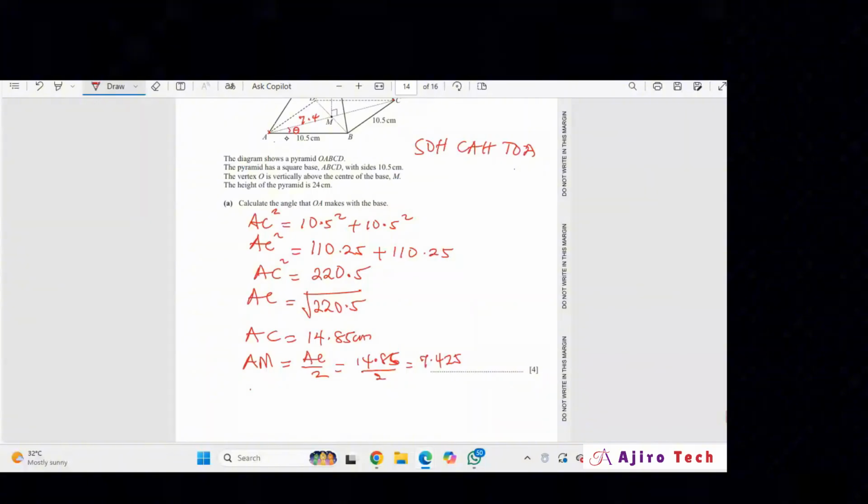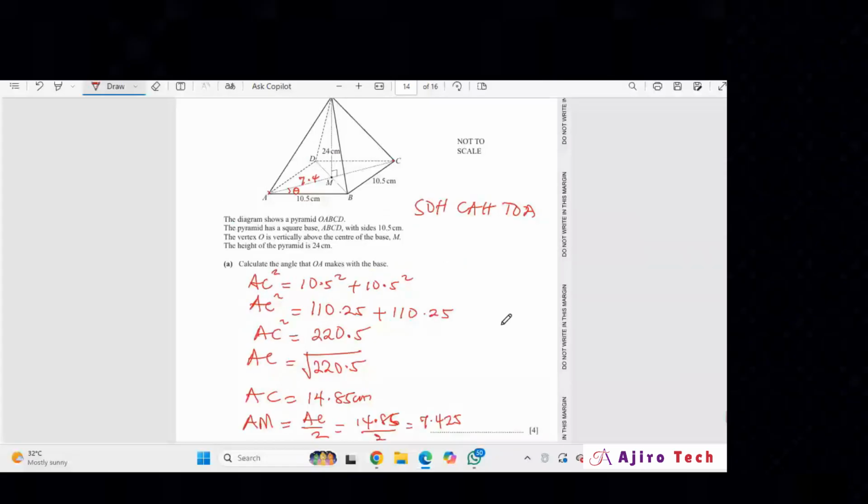So I think if you look at this, they say the angle OA. Since it's OA, it can't be only that place there, so let me erase that.